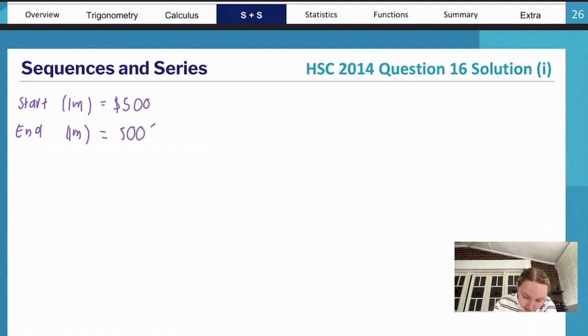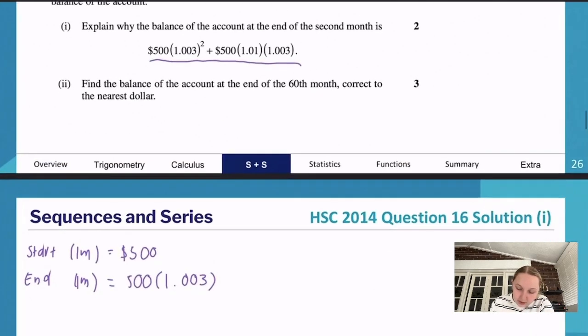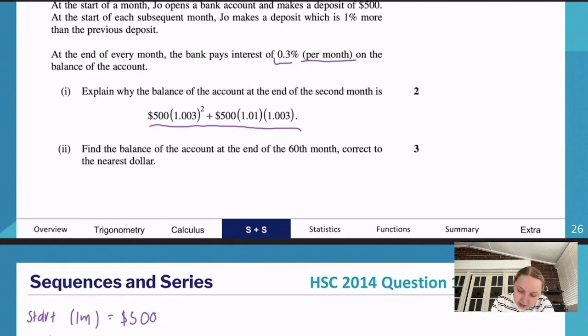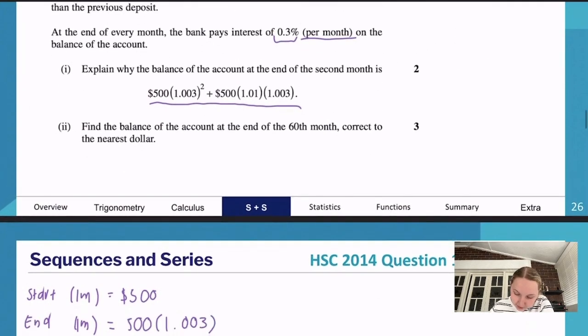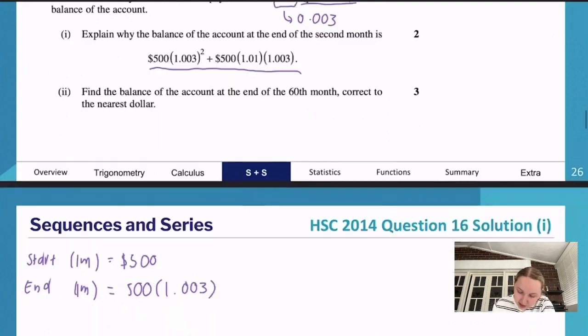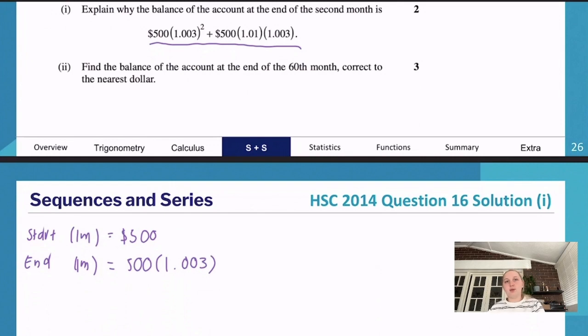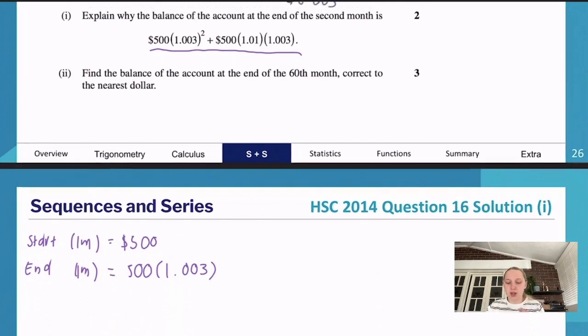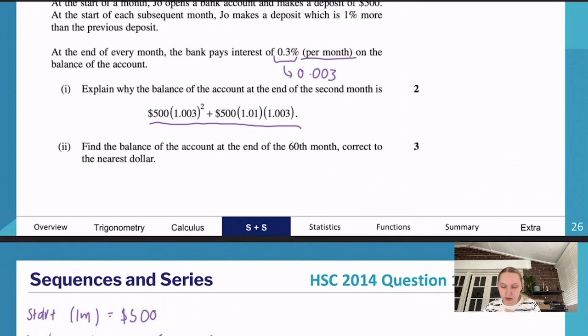That's when her interest is getting paid. Right, so if they're paying 0.3% interest, that is going to be as a decimal 0.003, and we're timesing it by 1.003 because we're still going to have our value, our $500, which is why we've got the 1 plus the interest, which is the 0.003.